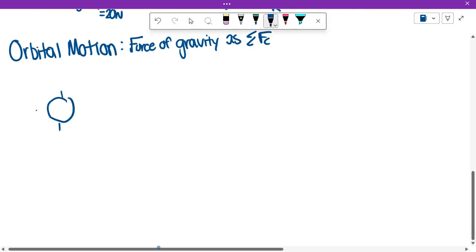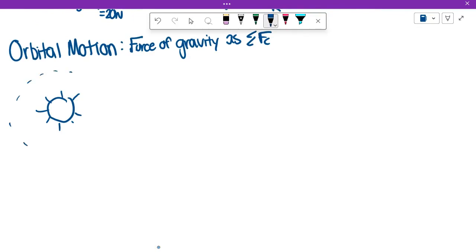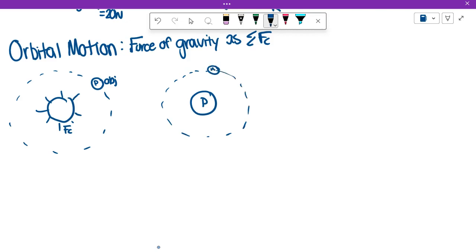We could see it with a planet orbiting a sun. And in this case, the sun would be the field creator and the planet would be the object. We could see it with a moon orbiting its planet.